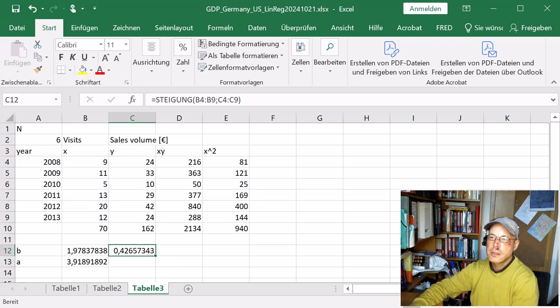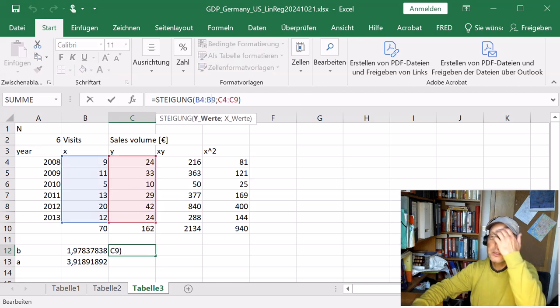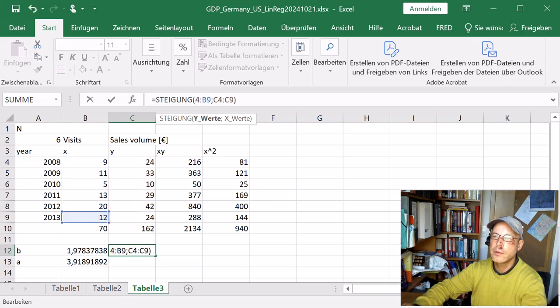I think I have changed something. What did I do? Oh, the first one is Y, you see here. So I just interchanged the data points.